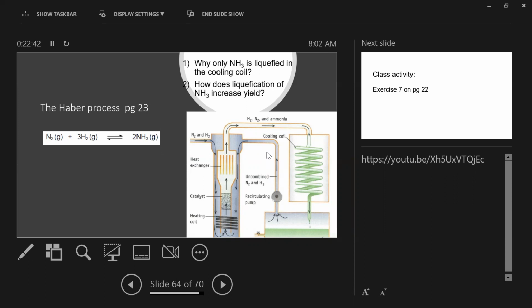So why? More volatile. If it's more volatile, is it easy for us to liquefy it? Liquefy means you condense it back to liquid.